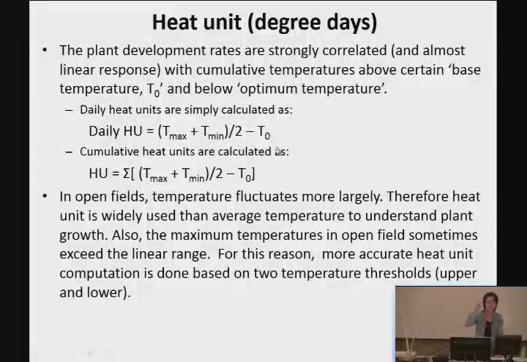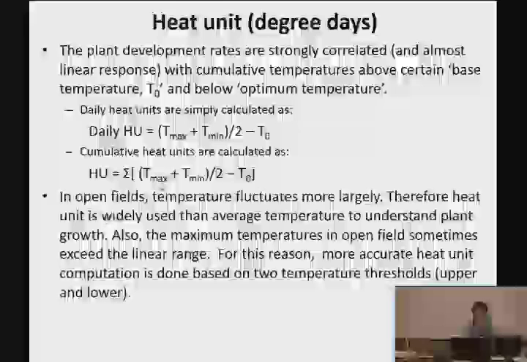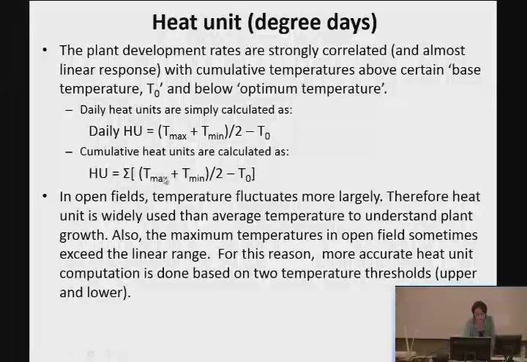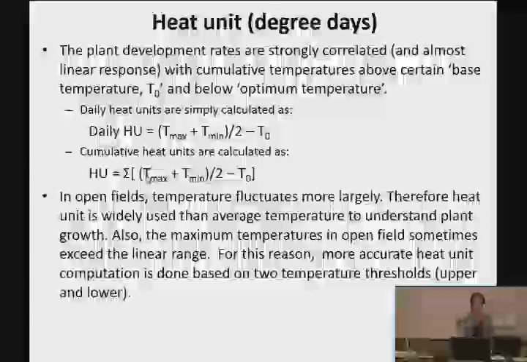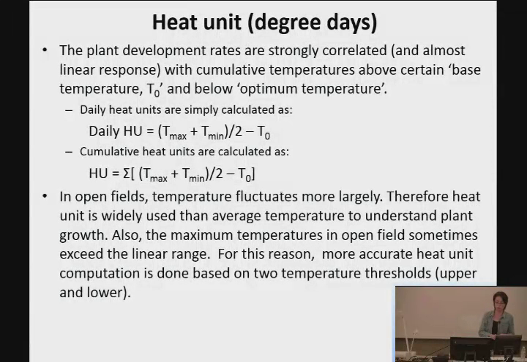The base temperature is the minimum temperature at which positive growth rate starts, so the beginning of the linear range. And then you get daily heat unit, and then cumulative, the sigma of that daily heat unit for the entire production period, or whatever the specific production period is, is the heat unit.